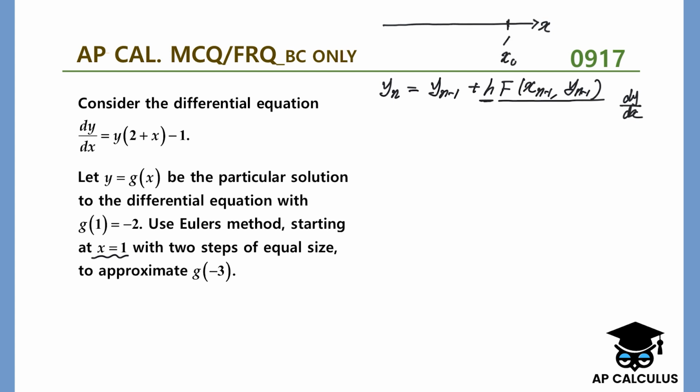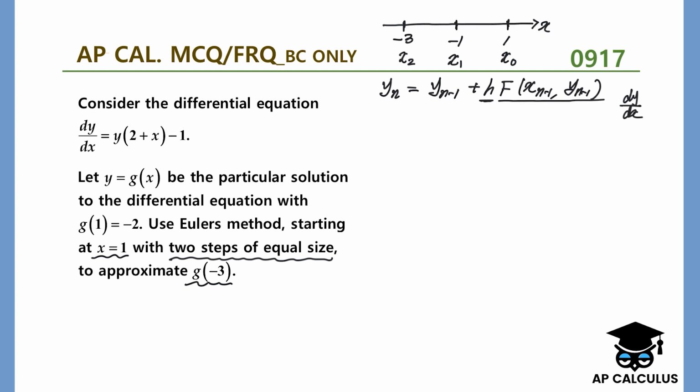That's x0. And we are approximating g of -3 when x is equal to -3 using two steps of equal size, so that's going to be x2. Then our x1 is the middle point of -3 and 1. That's -1, so that's going to be x1.